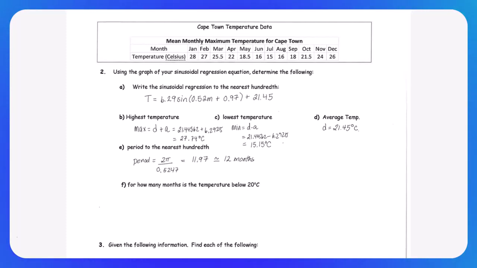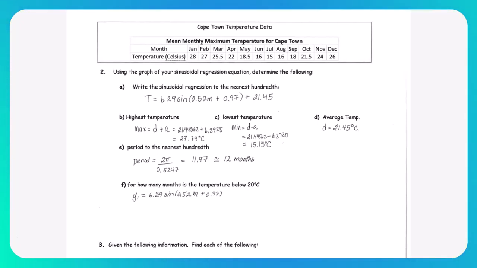So how many months is the temperature below 20 degrees? Well, we're going to do the same thing like we did in the previous example. We're going to make our y1 equal to that 6.29 sine of 0.52 months plus 0.97.